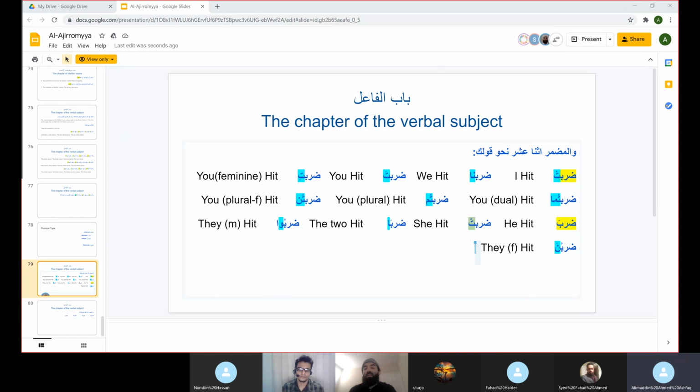Okay, ja'a is a bit tricky because when you add pronouns to it, the form changes. For example, if I add the first person singular pronoun, the ta, I would say ji'tu. I would not say ja'tu. So just to make things simpler, let's use a different verb.